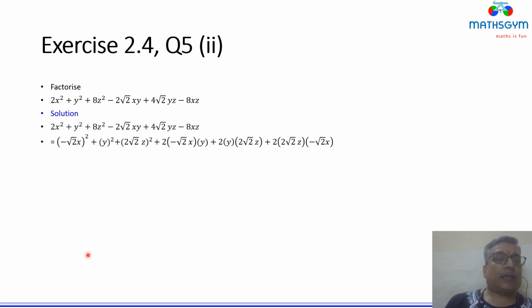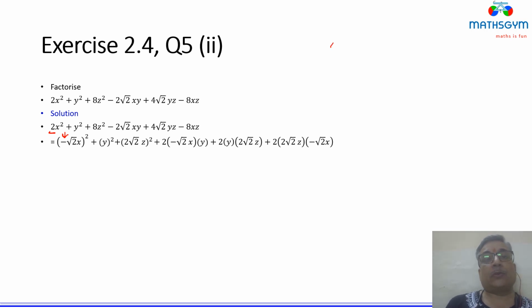So what we can write in place of 2, and I believe you all understand that 2 can be written as root 2 whole square. So root 2x whole square, we are putting a negative sign as discussed with this coefficient here. And y is fairly simple, but to bring uniformity in what we are writing, we will write y as a whole square, and again 8 can be written as 2 root 2 z whole square.